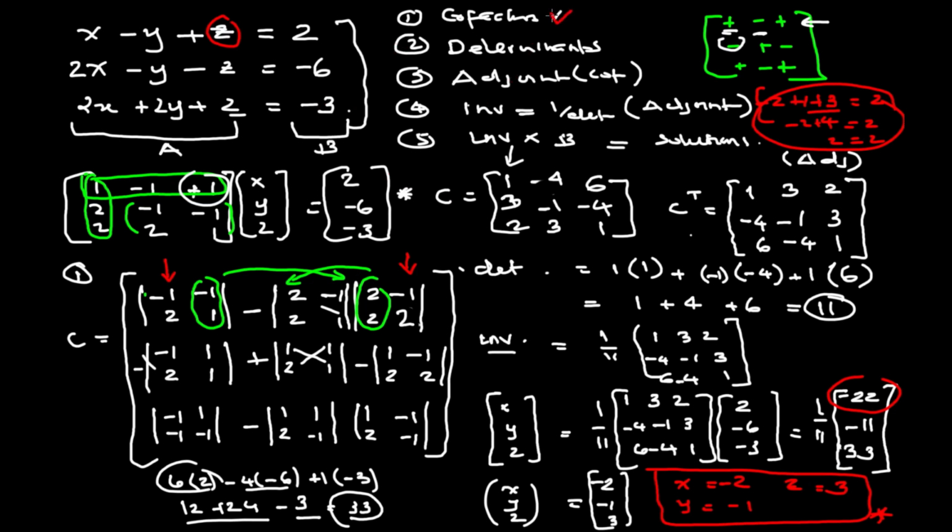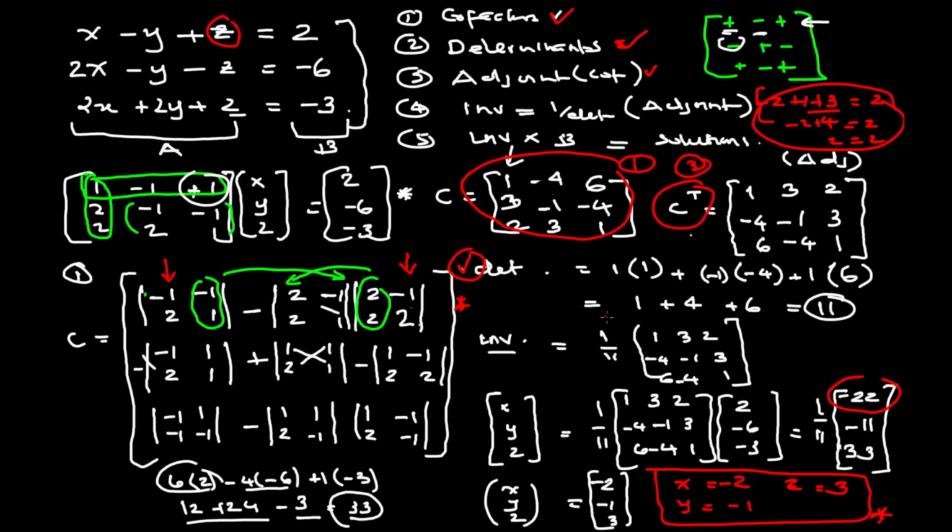So you see, you do cofactors. We did cofactors here, which ended up here. Okay, so this was 1. Then we went and found our determinant. Our determinant was here. Okay, we went on and found the adjoint. The adjoint was here, which was number 3.